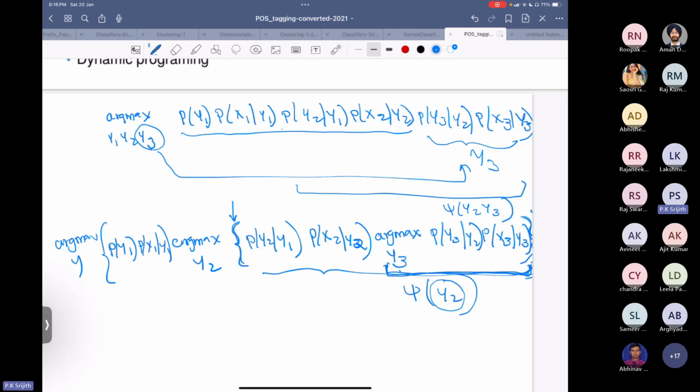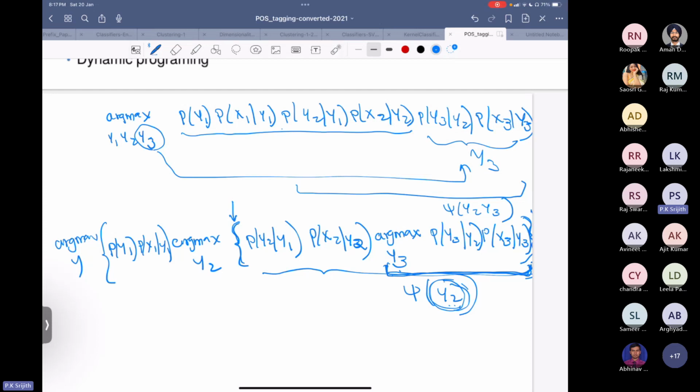You can perform an argmax operation separately over these components, where you find out for each of these different values of y2, what is that value of y3 which gives the maximum. So you now have a function of y2, some psi of y2, obtained by finding that value of y3 which would maximize for different values of y2.